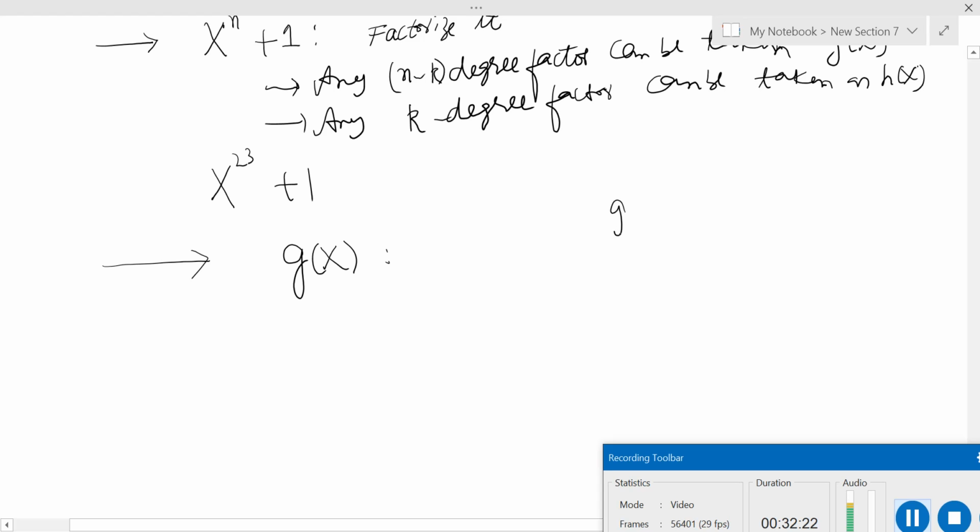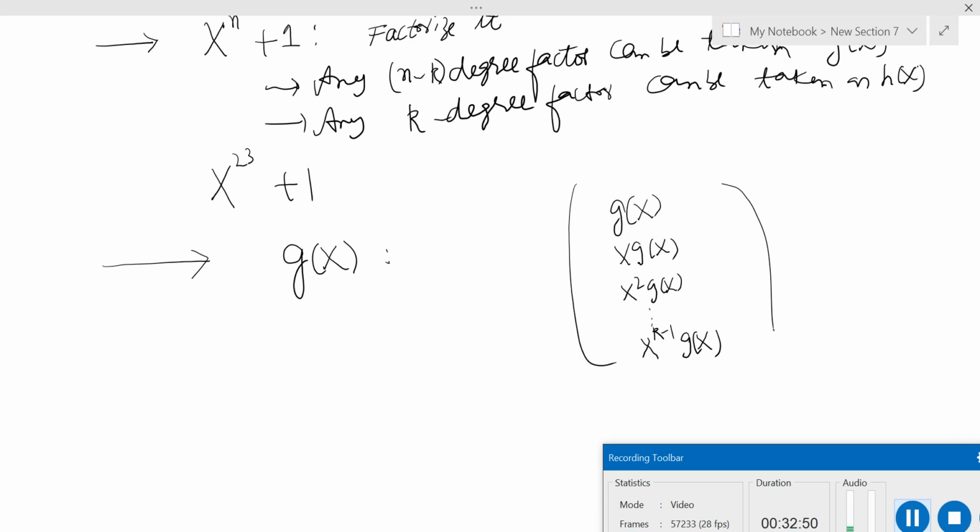First you have g of x, then you multiply x with it, then x square with it, finally x to the power k minus 1 times g of x. These n tuples correspond to polynomials, and these n tuple polynomials can be used as rows of the k by n generator matrix.